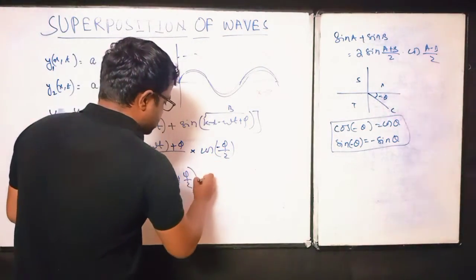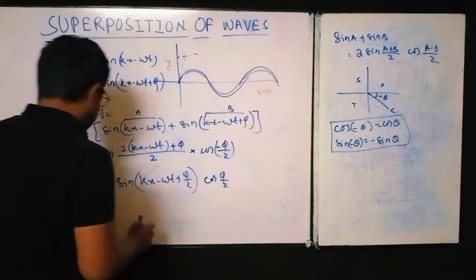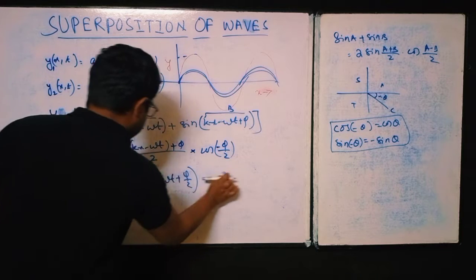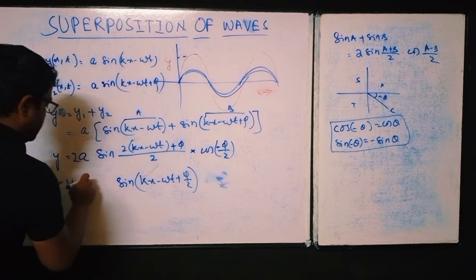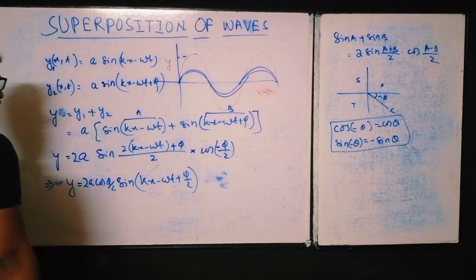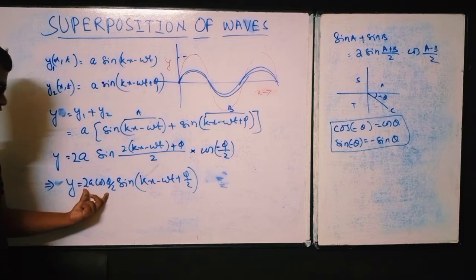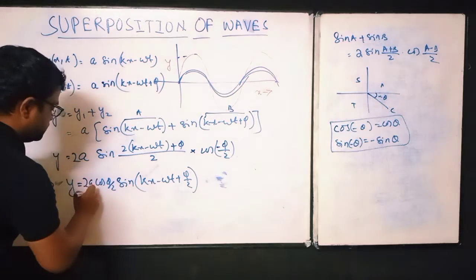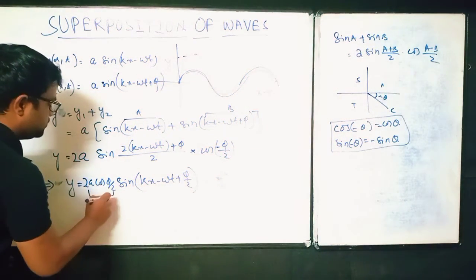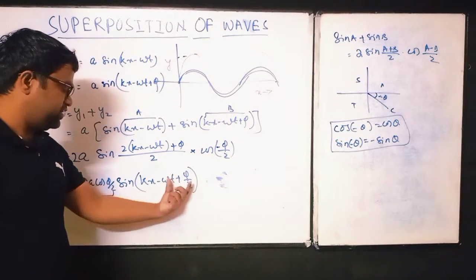So I can simply write this as 2a cos phi by 2. Here cos phi by 2 and 2a are constant, so this is the combined amplitude, and the oscillating part is sin kx minus omega t.